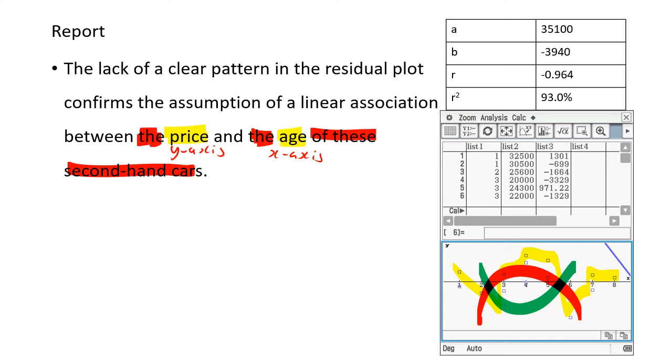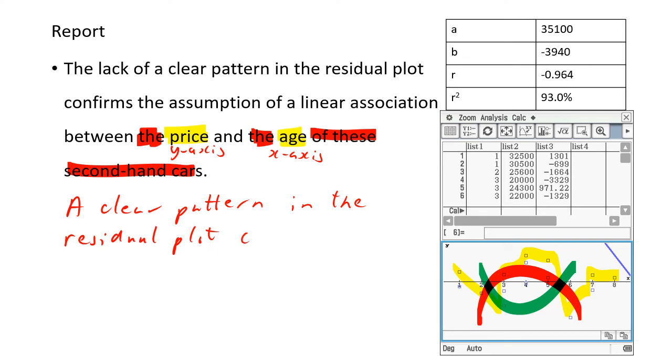Now, your problem is, of course, if there is a clear pattern, then you have to say the opposite thing. So you might have to say a clear pattern in the residual plot confirms the data is non-linear.